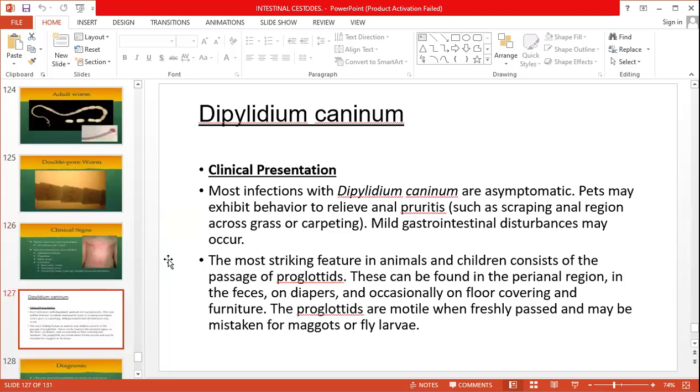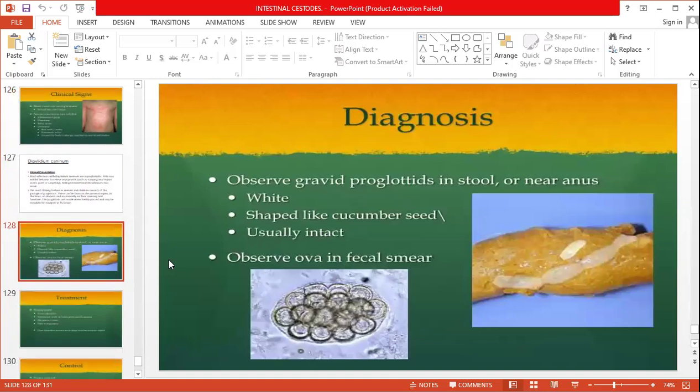Clinical presentation: most infections are asymptomatic. Pets may exhibit behavior to relieve anal pruritus. The most striking feature in children is the passage of proglottids. In the diagnosis, observe gravid proglottids in the stool near the anus, shaped like cucumber seeds, usually intact.